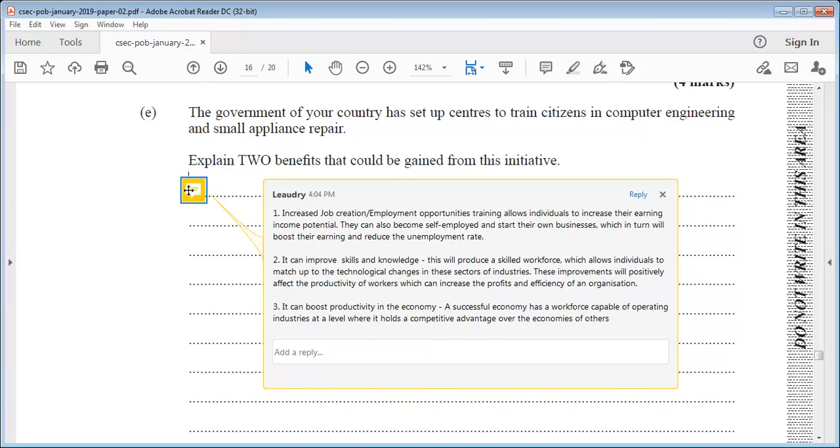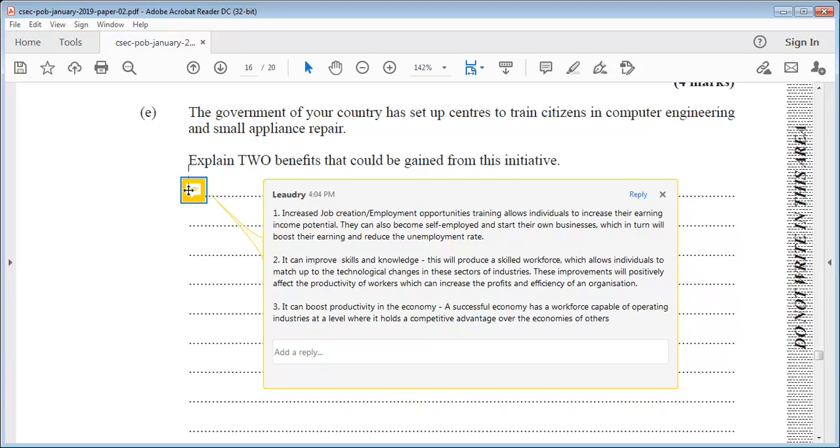Now, training allows individuals to increase their earning income potential. They can also become self employed and start their own business, which in turn will boost their earning and reduce the unemployment rate.